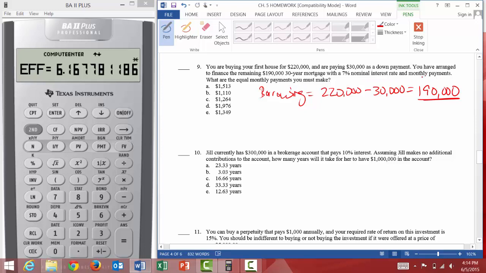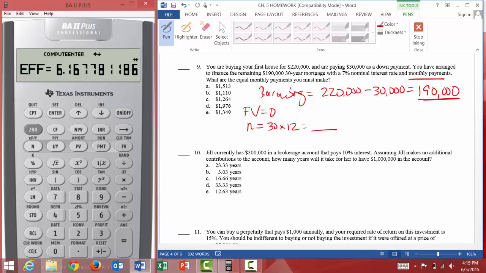Now, this one's tricky because it has monthly payments, so that means monthly compounding. So, my future value is that I'll pay everything off. It's a 30-year mortgage, but I'll have to multiply it times 12 to get the number of compounding periods.